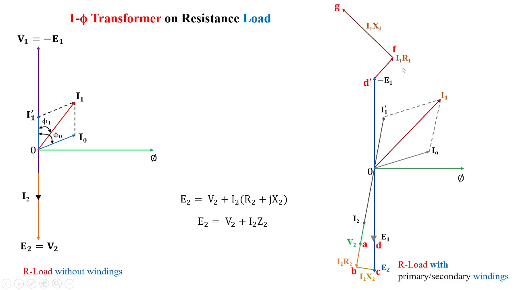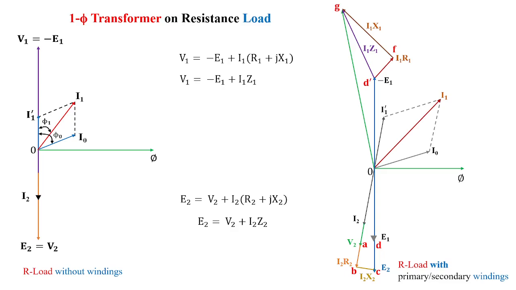Now, I'll be projecting from F towards G the perpendicular, that is the drop across the reactance, that is I1X1, and these two components, as I told you, will result in I1Z1. So this is the vector which is obtained because of these two vectors. Now finally we have V1, which is given by minus E1 plus I1Z1, or in fact V1 is equal to minus E1 plus I1 times R1 plus jX1. So this is a phasor representation of an actual transformer with primary resistance and inductive reactance, as well as secondary resistance and inductive reactance.